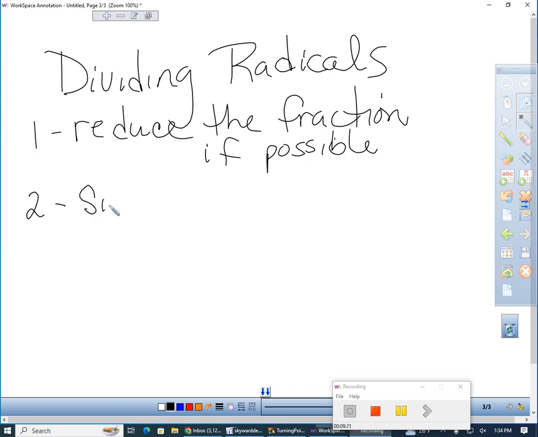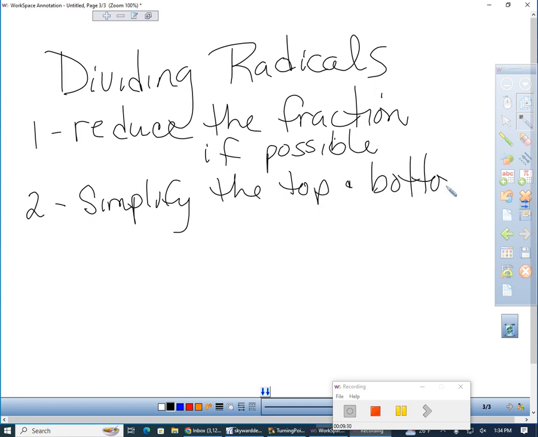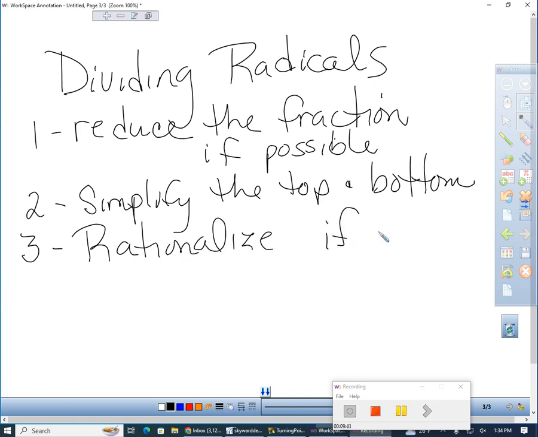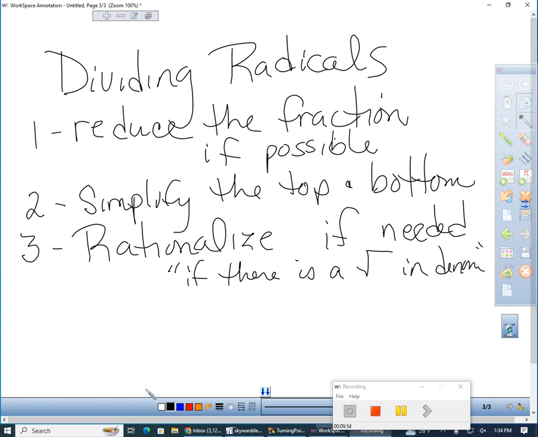Simplify the top and bottom. Step 3. Rationalize if needed. Rationalize is if there is a square root in the denominator. We rationalize, and we're going to talk about that. Step 4, reduce if needed.